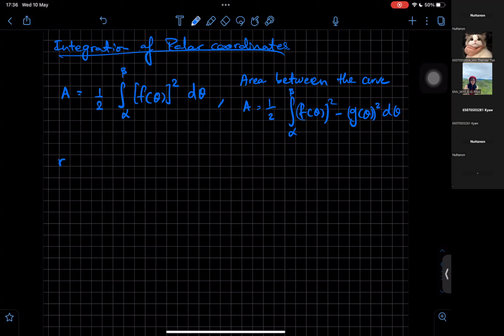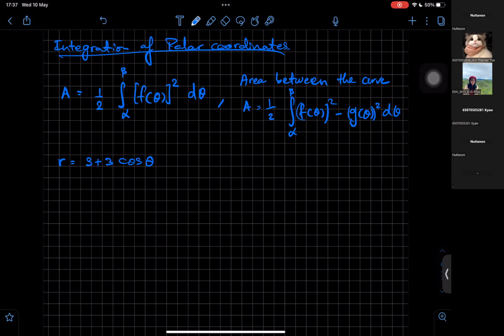So I will just do the cardioid, r equals 3 plus 3 cos theta. If it's just the area, then it's not that difficult.